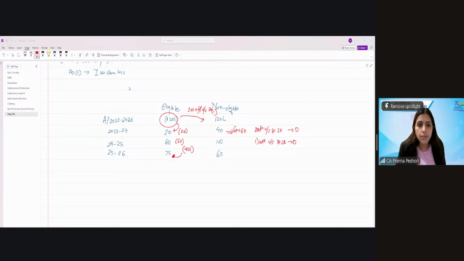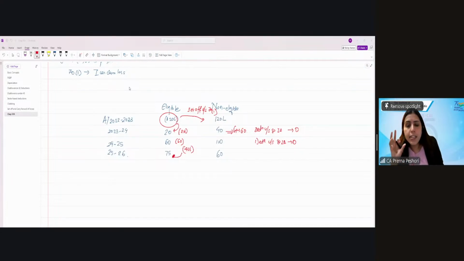So this means the carry forward and set off in further years, subsequent years, is only for the purpose of considering that 120 lakhs was already set off in the first year. Now it would tantamount to double deduction if this 20 lakhs, 60 lakhs and 75 lakhs was again given deduction. Correct, yes. Is that true? Okay.